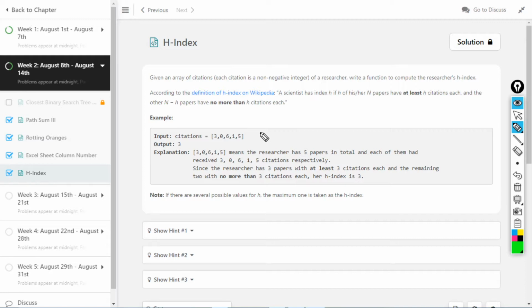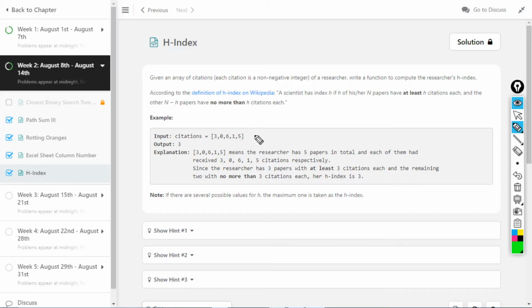In practical terms, the H index is the value calculated among the papers of a scientist or a publisher who does some research and then publishes a paper. It is not a newspaper, it is a research paper, so don't confuse the papers. This is the research paper I am talking about.